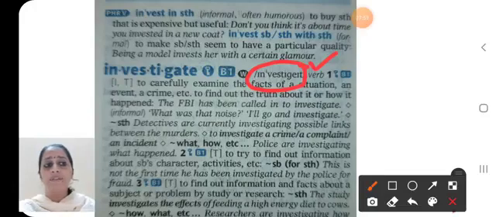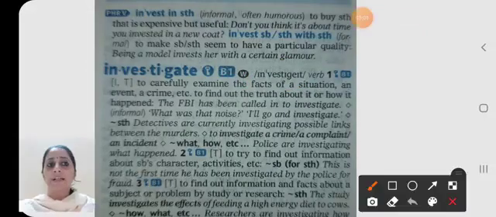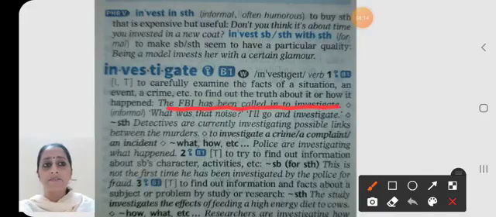Now we also have a sample sentence. The FBI has called in to investigate. This is the sample sentence over here. The FBI has called in to investigate.